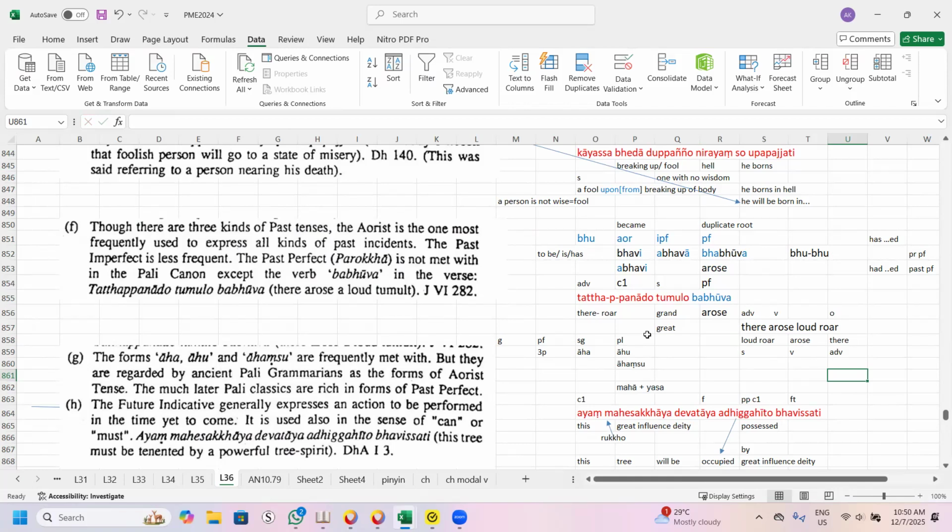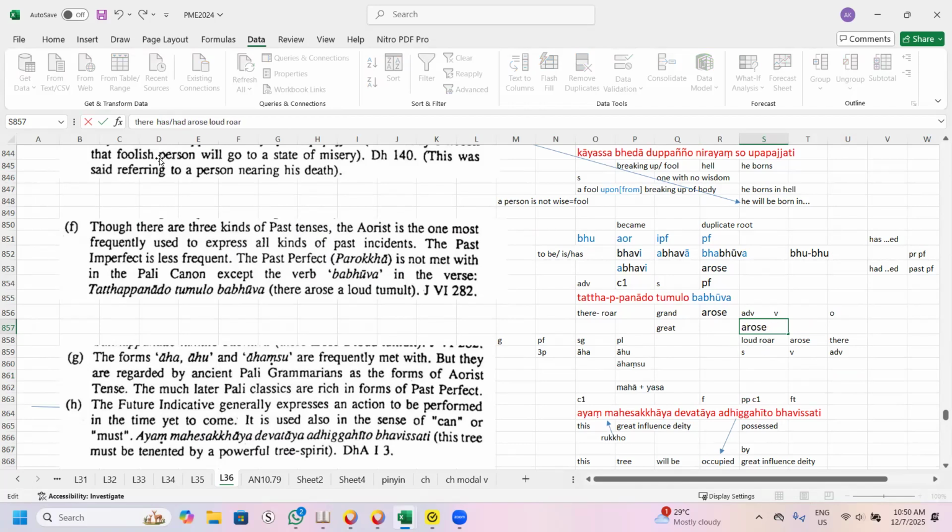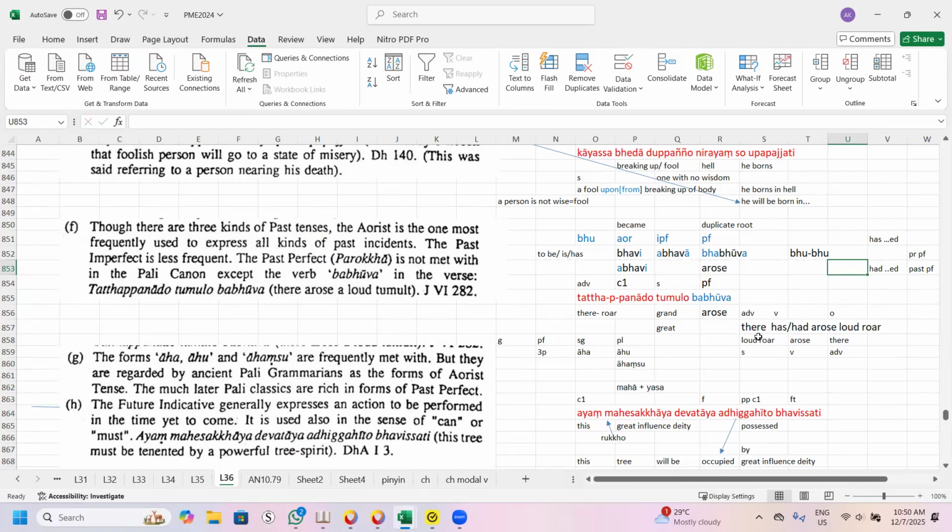So what you need to take care of in this case is up to you. Can you see, there arose a loud roar. There had a loud roar. It's up to you how you put it. That is your usage, but this is good enough.